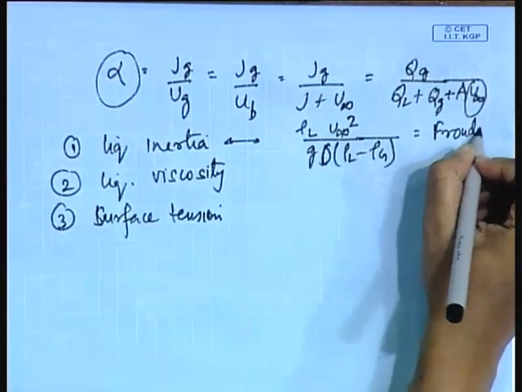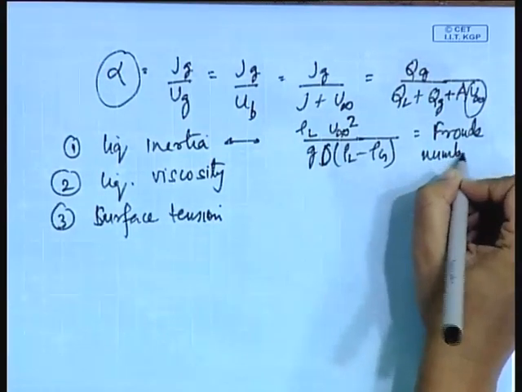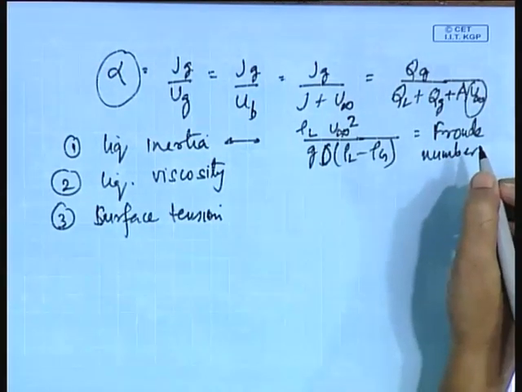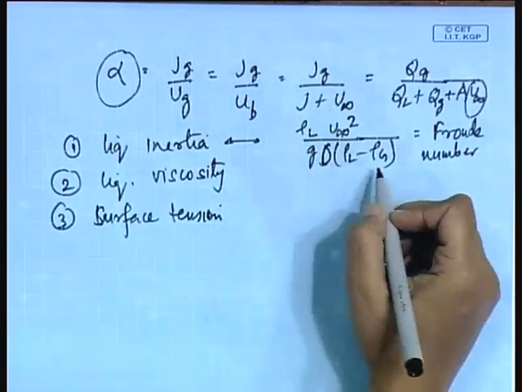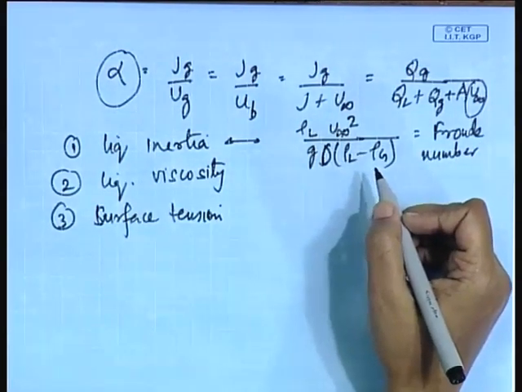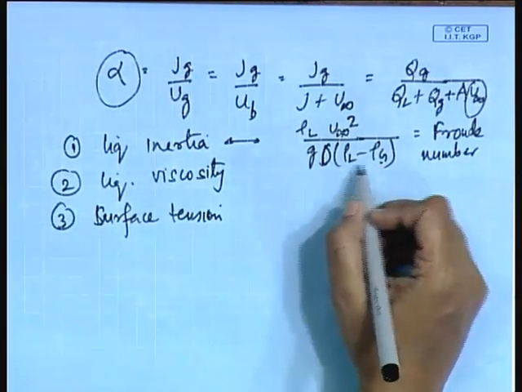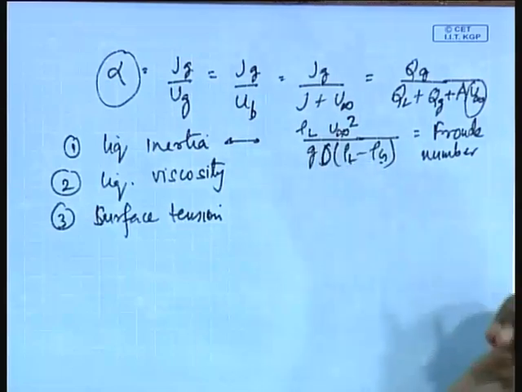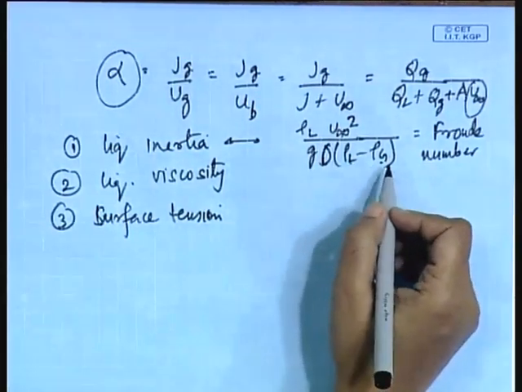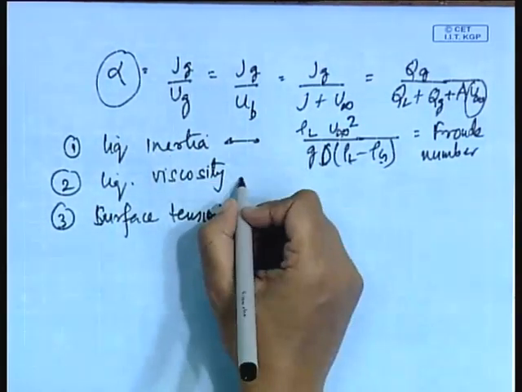Remember one thing, when you talked about the Froude number, you definitely talked about u square by g d or u by root g d, isn't it? We had neglected the density terms. Why? Because we always talk about gas, liquid or air water systems, and for such systems rho g is negligible as compared to rho L, and therefore they cancel out. So, a balance between buoyancy and liquid inertia gives you this.